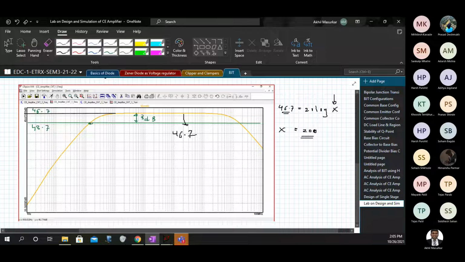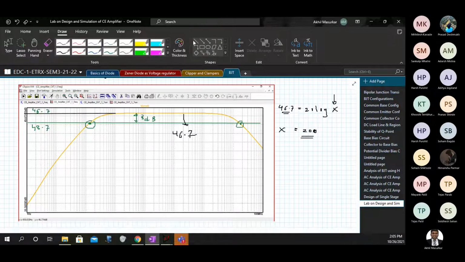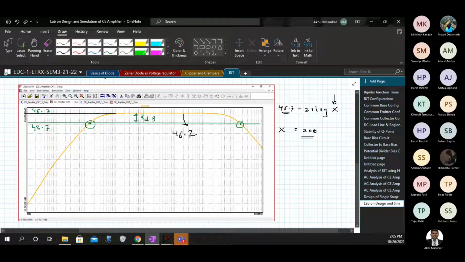Now this line will cut this graph at 2 points.